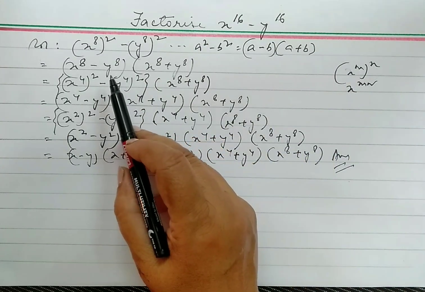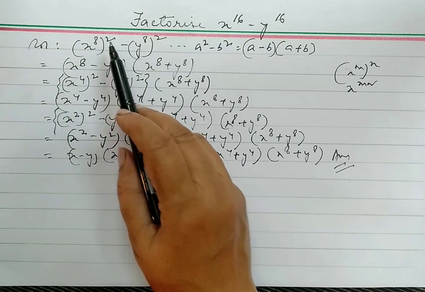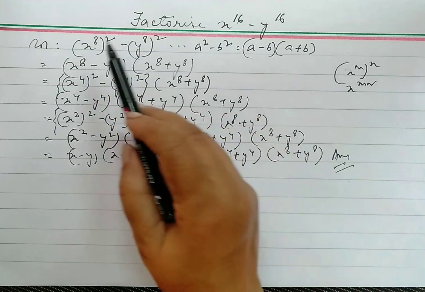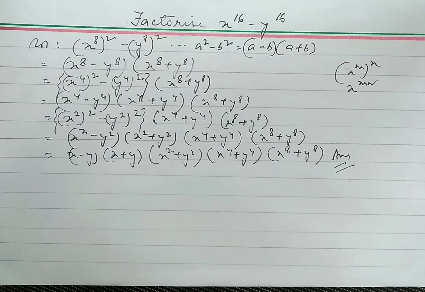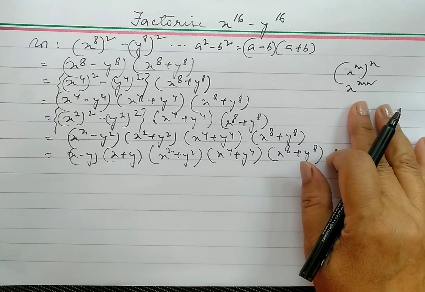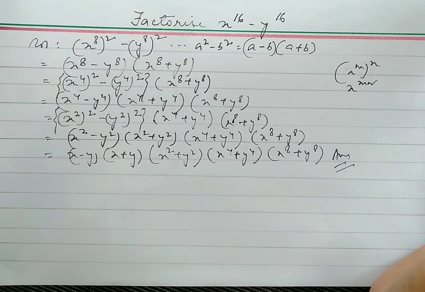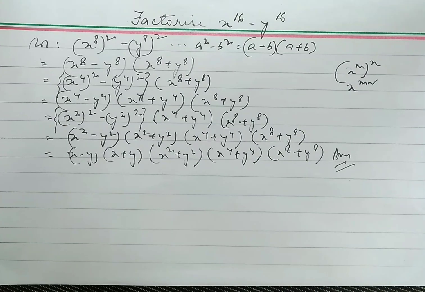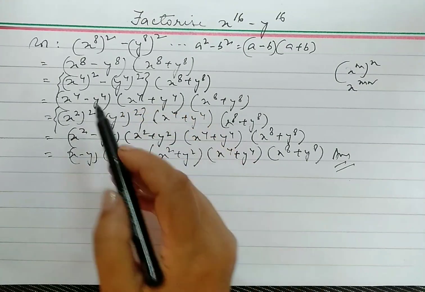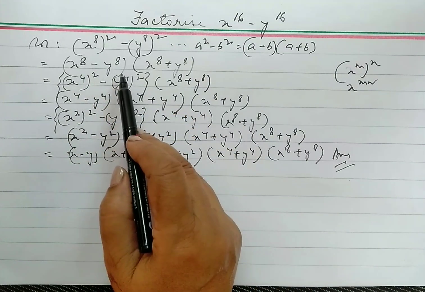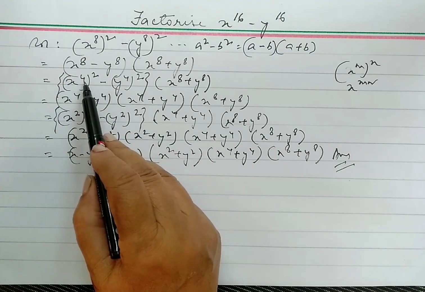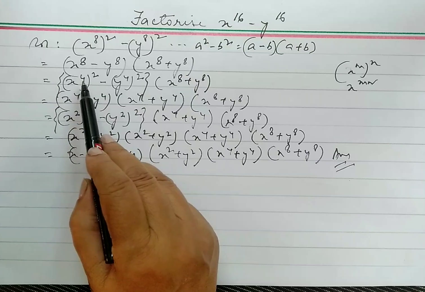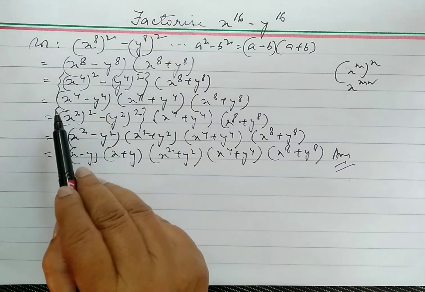The same thing we did over here, 8 into 2, which is m into n. 8 into 2 is 16. So we use this law of exponents to serve our purpose. Again we broke up this one. How? Again 4 into 2. This is our m and this is our n, and 4 into 2 was equal to 8.